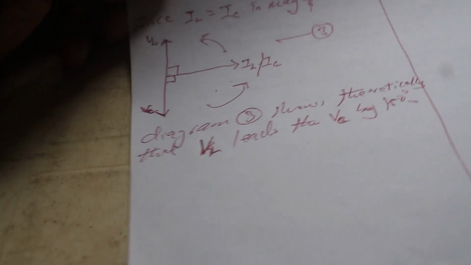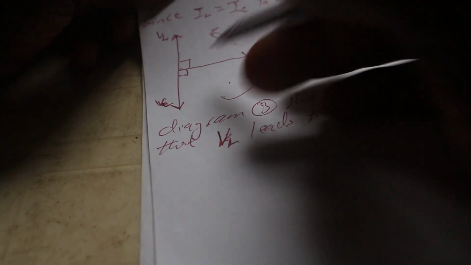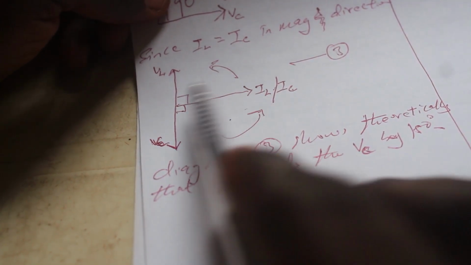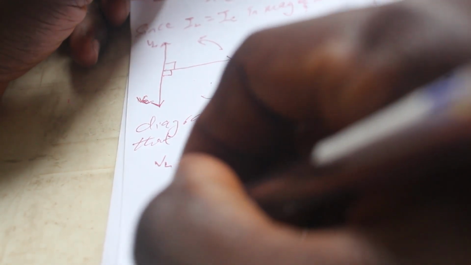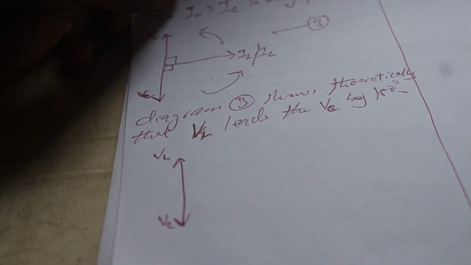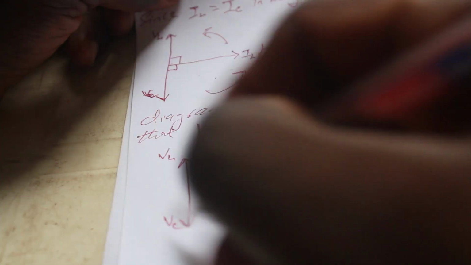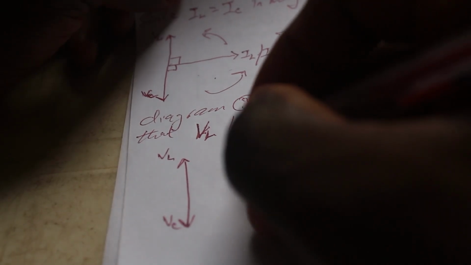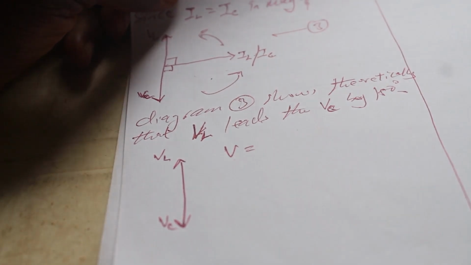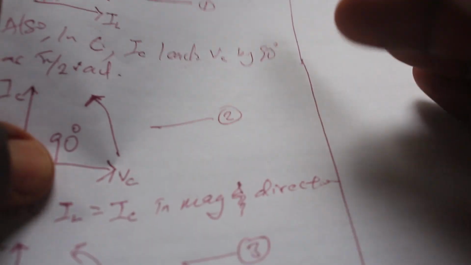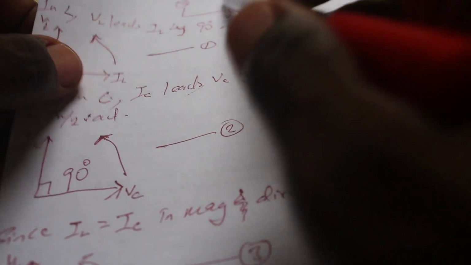Now, ignoring this horizontal vector and taking this one only, we have VL, VC. If you want to add up two vectors going in opposite directions, the resultant vector, which is the voltage of the source, is the sum of these two.